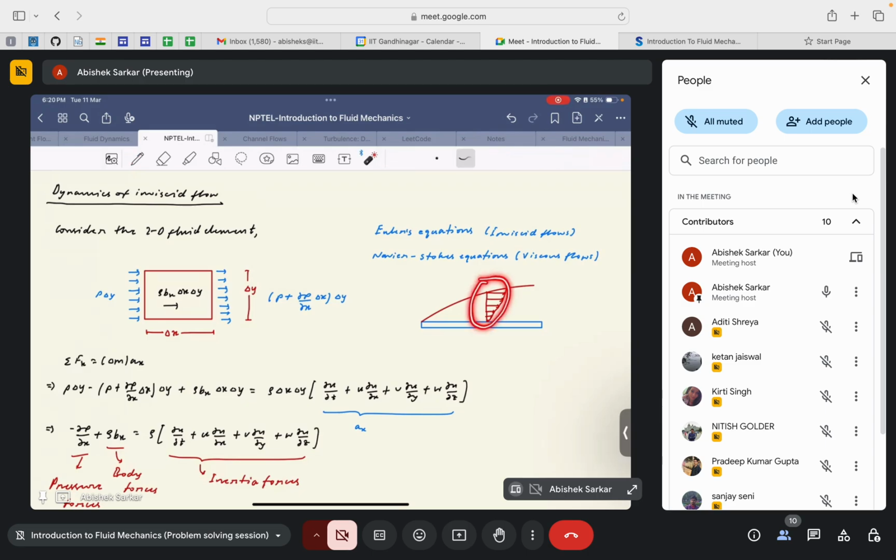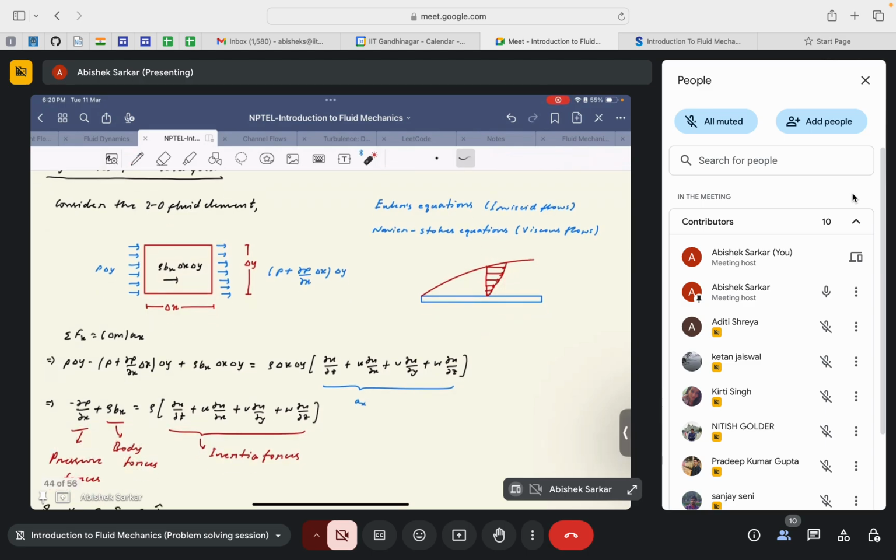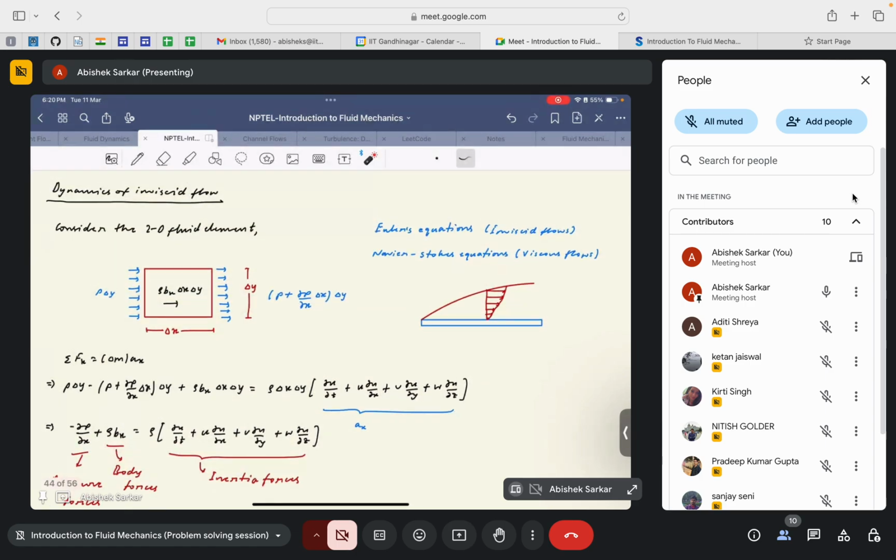But the significant effect of the plate on the fluid motion is felt only in a very small finite area, because this is actually a very exaggerated version of the boundary layer.